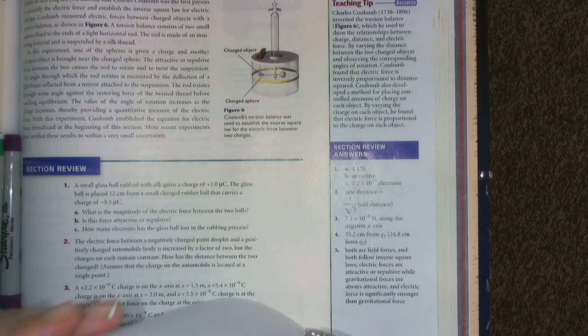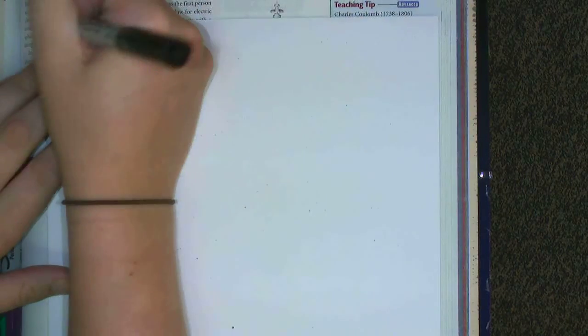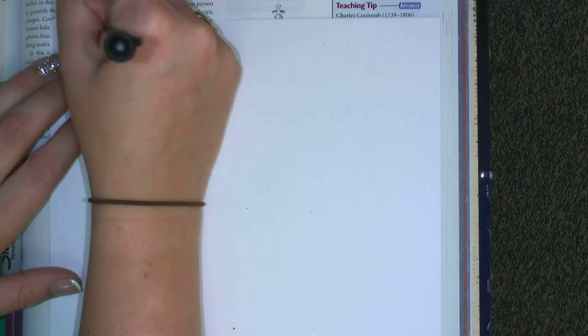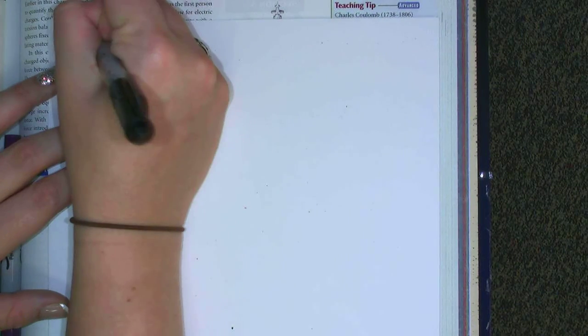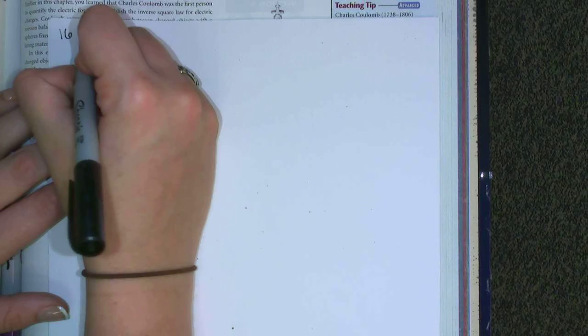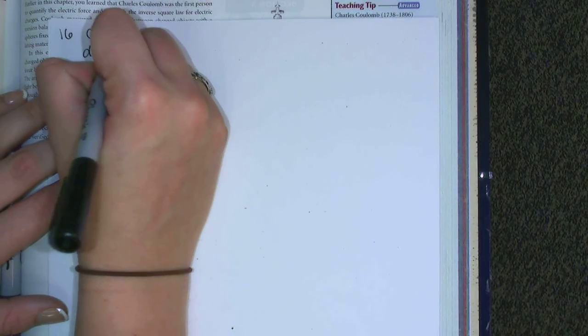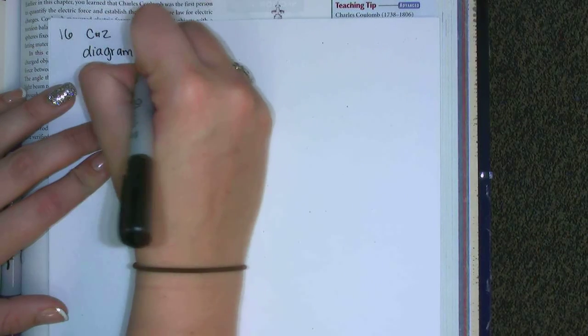So, first thing I would do here is to draw a picture, kind of just like a diagram of the equilibrium position. So this is 16C2. Diagram of equilibrium position.